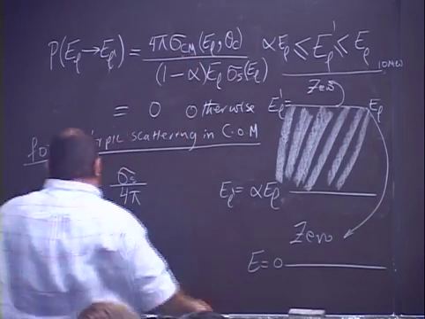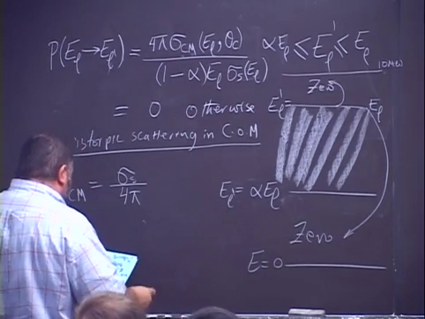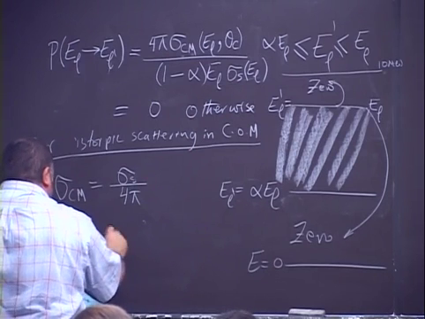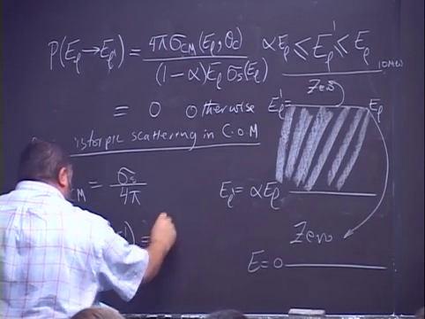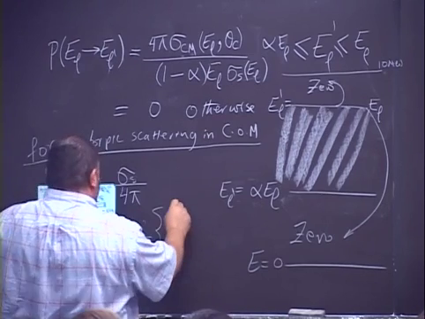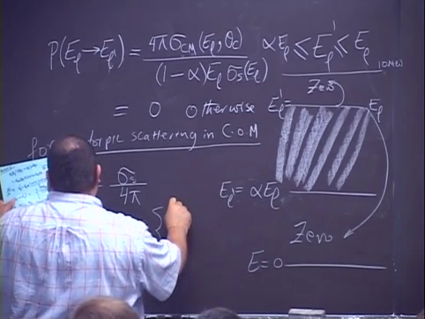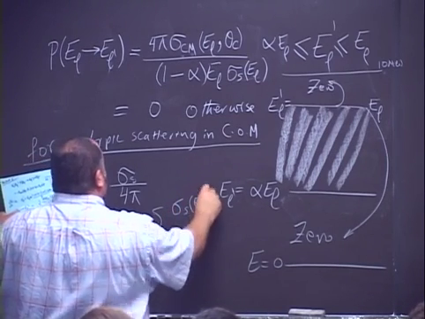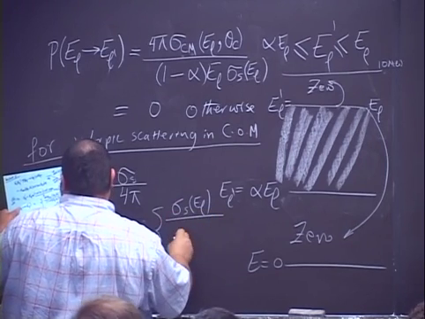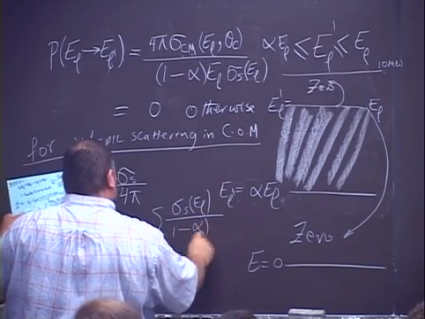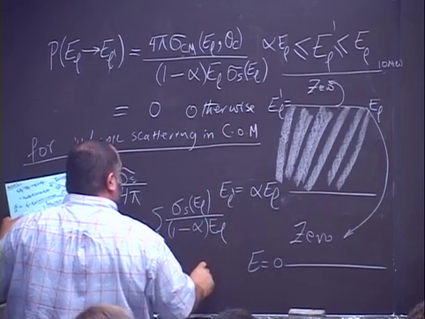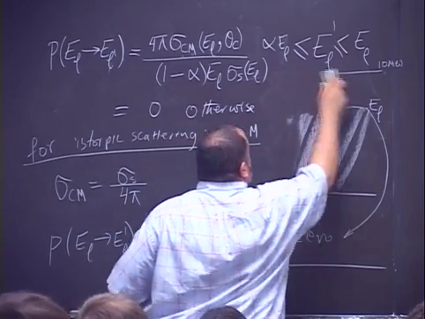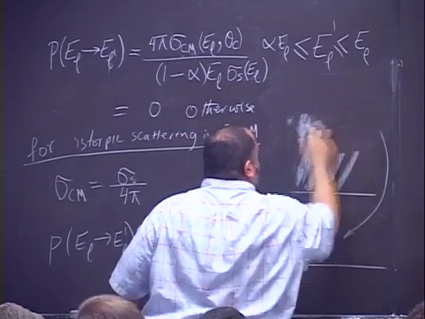Sigma scattering will cancel out with sigma scattering, and in this case, the probability of EL going to EL prime will end up being sigma scattering of EL divided by 1 minus alpha EL, if it is in the same energy region, which is this, and 0 otherwise.